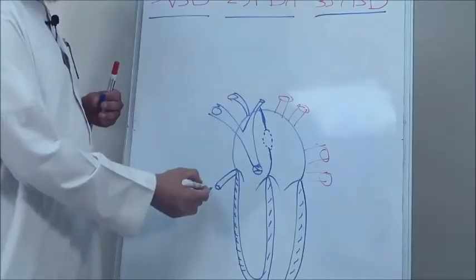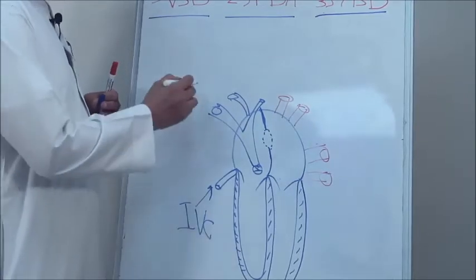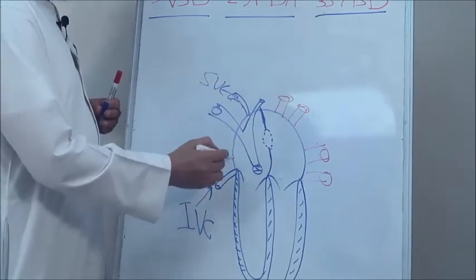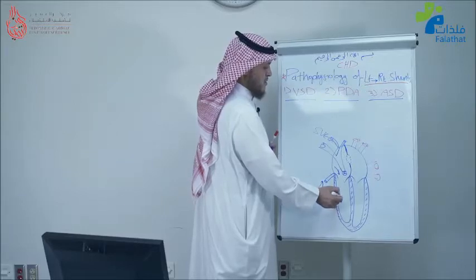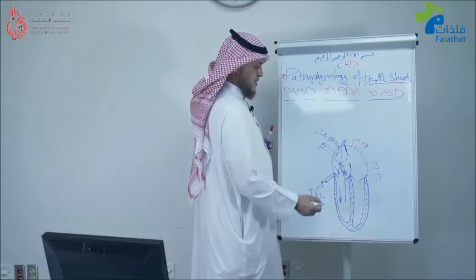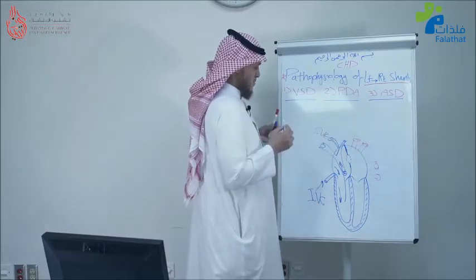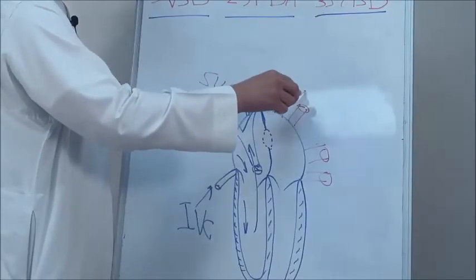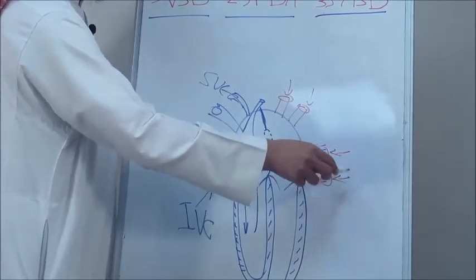So IVC flow, SVC flow, going to the right atrium, right ventricle, up to the pulmonary artery, to the lungs, oxygenated, back into the left atrium through the pulmonary veins, the four pulmonary veins, two on the right and two on the left.